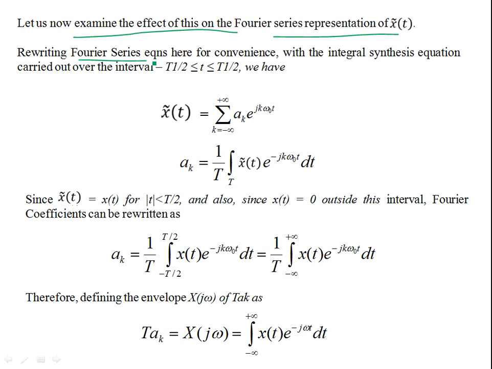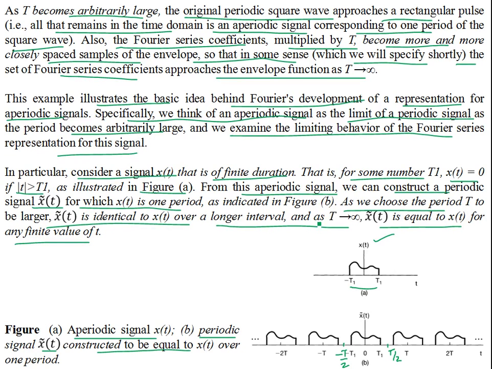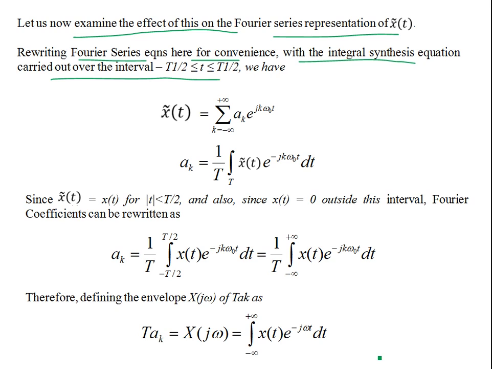So if we rewrite the Fourier series equation here for convenience, with the integral in the analysis equation for Fourier coefficients carried out over one period, this is the finite duration over which it exists. So either you can do it for one period, or you can do it for minus T1 to plus T1, where x tilde is non-zero. Okay, so over one period is minus T/2 to plus T/2. Or you can write this from minus T1 to plus T1. That's where x tilde(t) is non-zero.